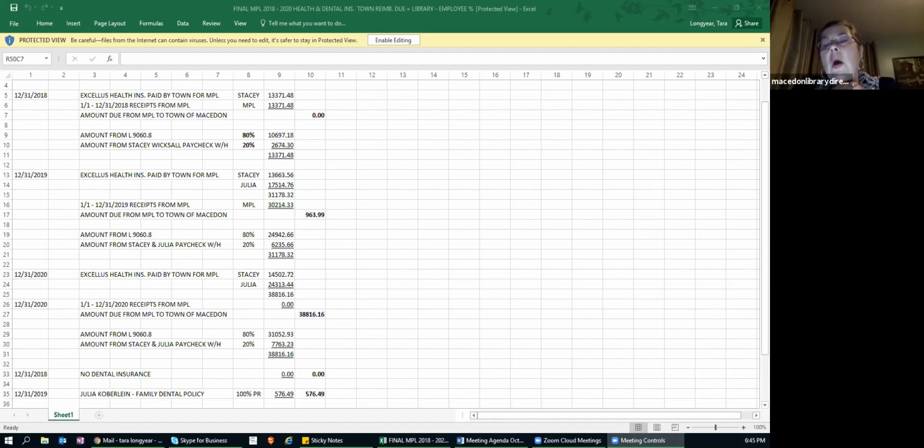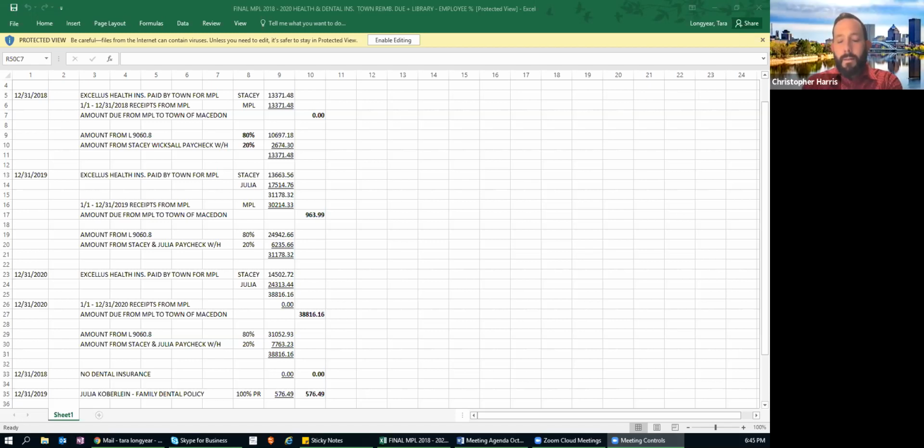So that may be why you come up with a different number, because I have access to the actual invoices, and Julia's dental was lumped into 2 separate invoices. It was 576, I think, something. I could look it up. But if you add up all 4 of those payments, it comes to the 30,214, whether that includes health insurance, dental or not.